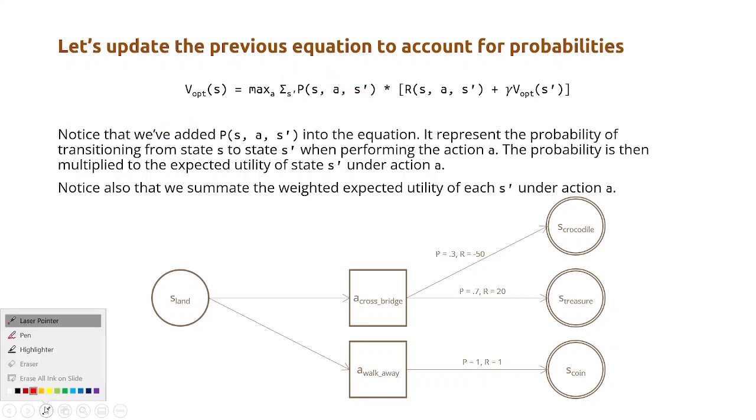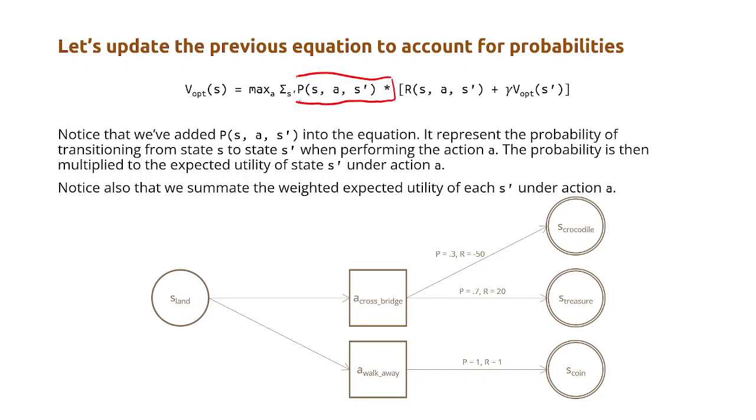What I just added here is this probability of transitioning from S to S prime given the action A, multiplied by the expected reward from that action. So let's just say, for example, the crocodile.